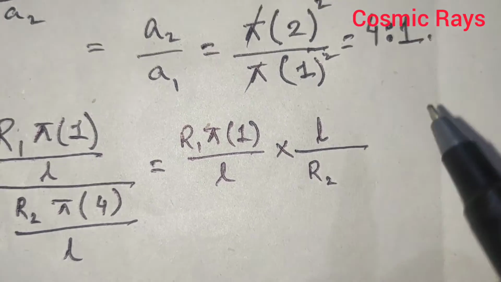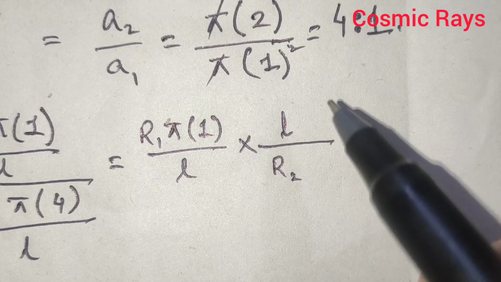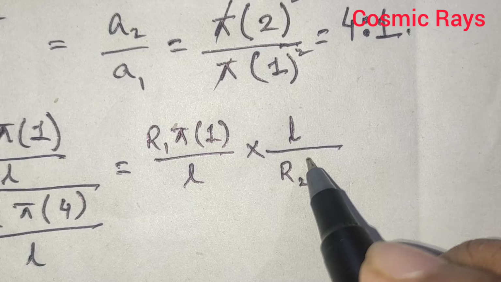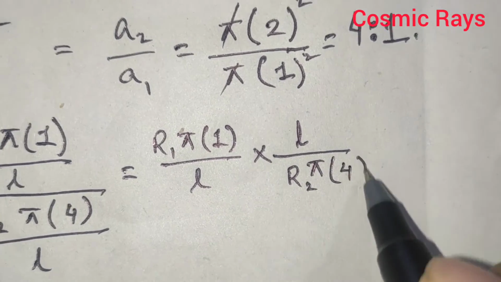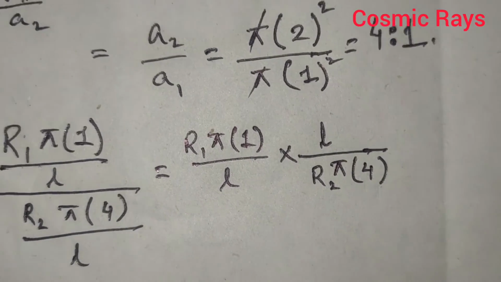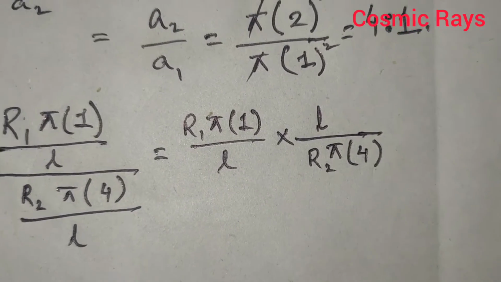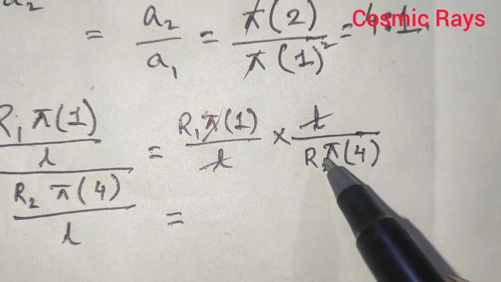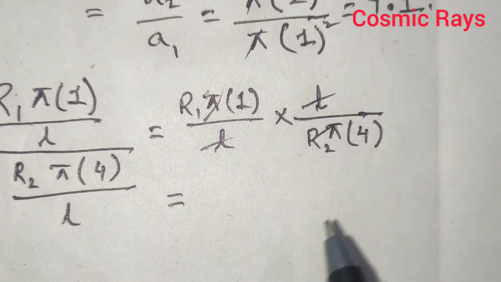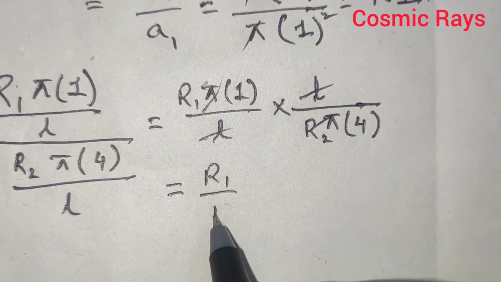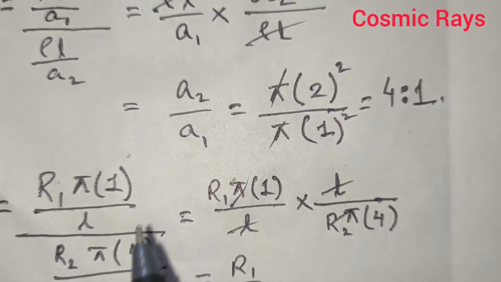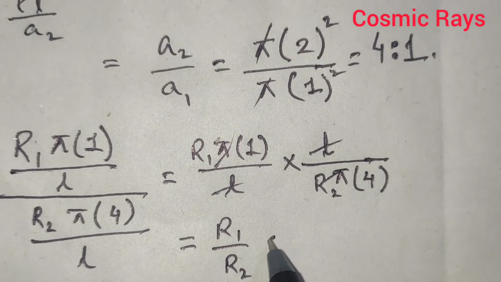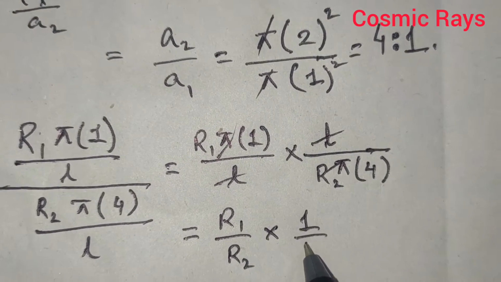R2 by 4. Now L and L will cancel out, pi and pi will cancel out. Let us rearrange these terms. Let's write R1 by R2 together, because we have already calculated the value of R1 by R2, that is equal to 4:1, multiplied by 1 by 4.